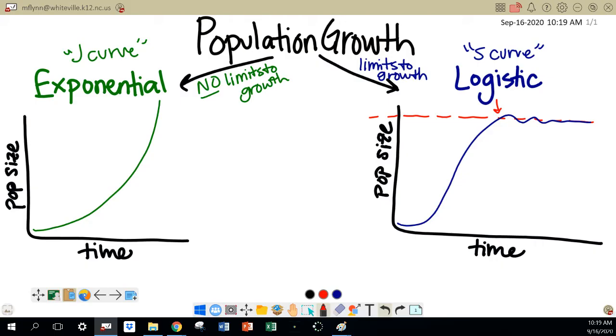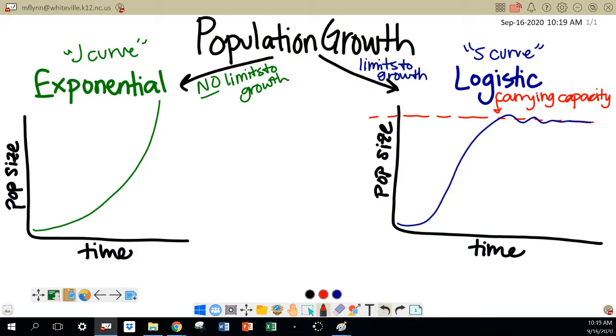Okay, so you have done this before, because I promise you, you know this term. This term is called the carrying capacity. That is the level at which a population stops growing in size.